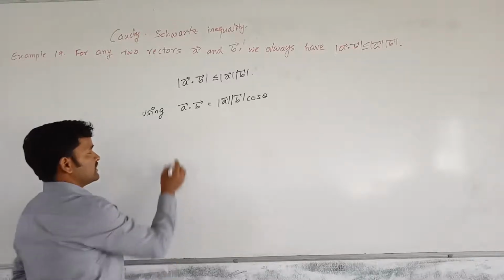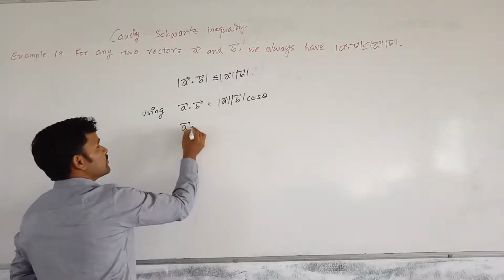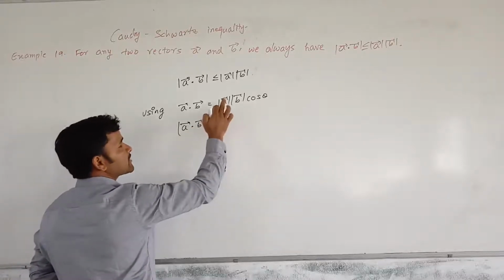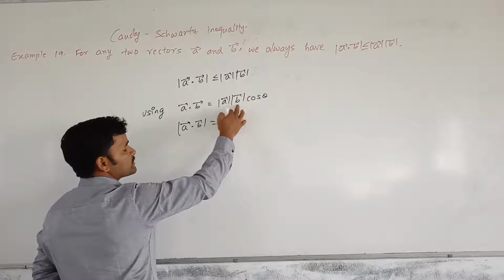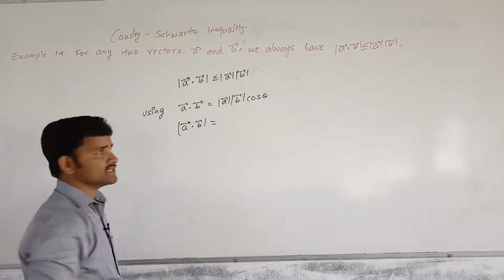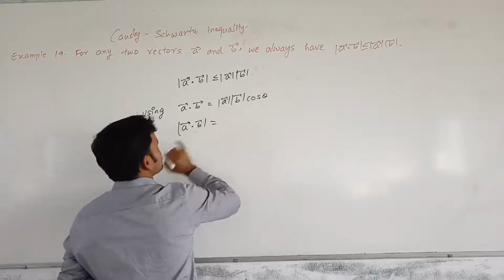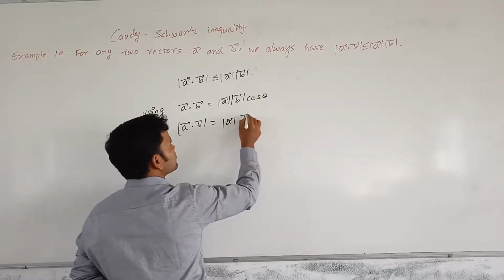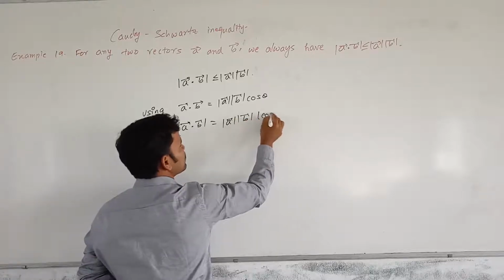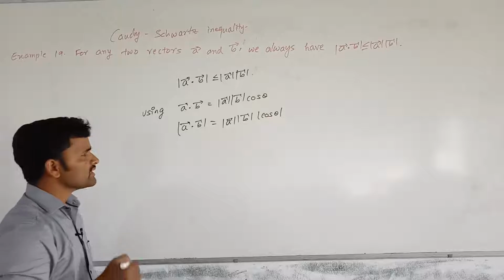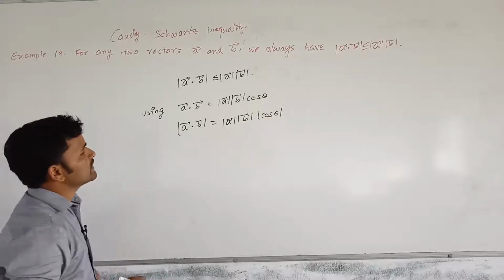The right hand side should be a positive value. Magnitude of vector A is positive, magnitude of vector B is positive, only cos theta can be negative. So modulus of A dot B is equal to magnitude of vector A into magnitude of vector B into modulus of cos theta. Okay. Now let us check here.